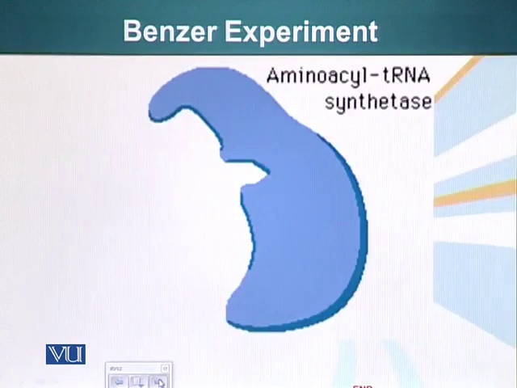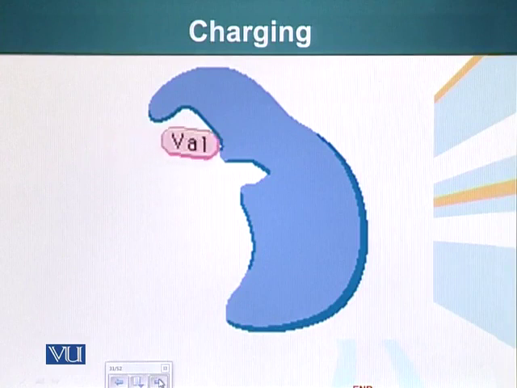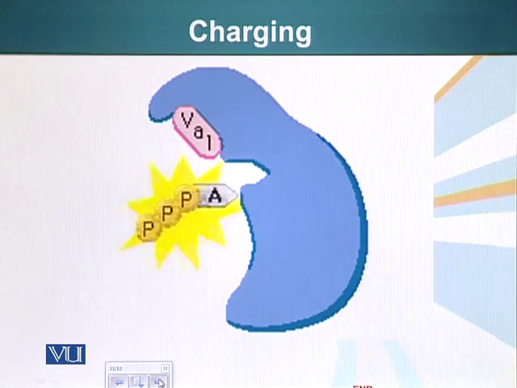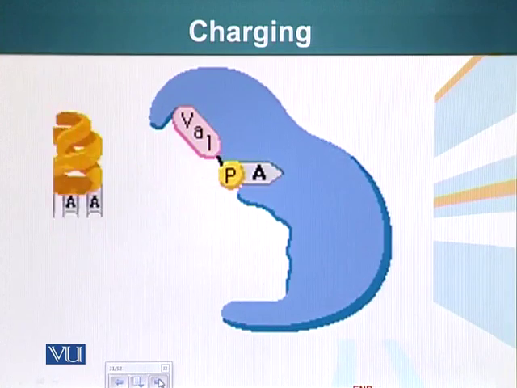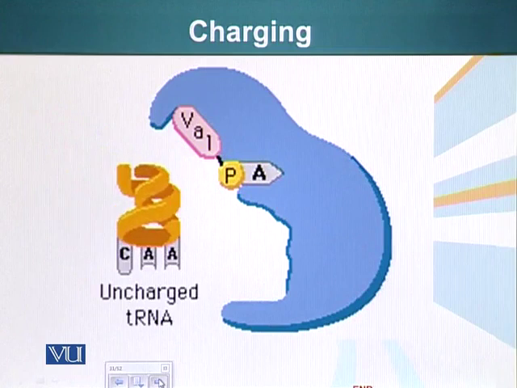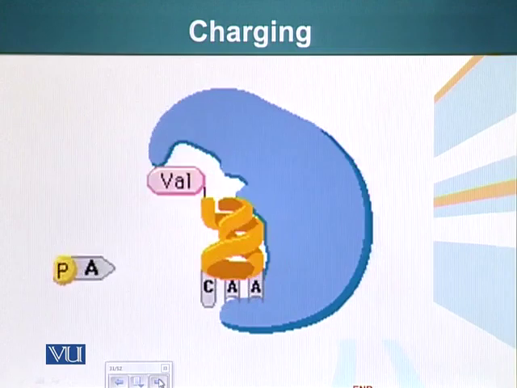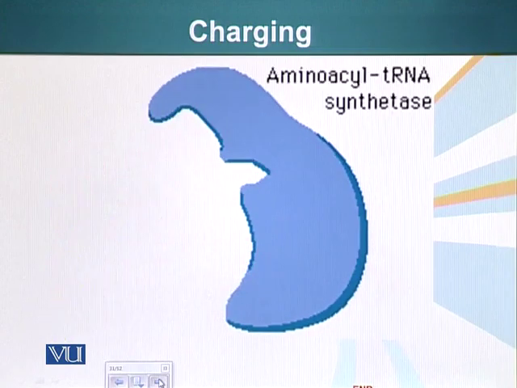Now let's look at the animation of what we have talked about. Here is the amino acid, valine in this case, attaching to the aminoacyl tRNA synthetase. Here is the ATP molecule. Here the high energy bond between AMP and the amino acid has been formed. Now comes in the tRNA molecule, and the amino acid has been attached to the 3' hydroxyl group of that particular tRNA molecule.